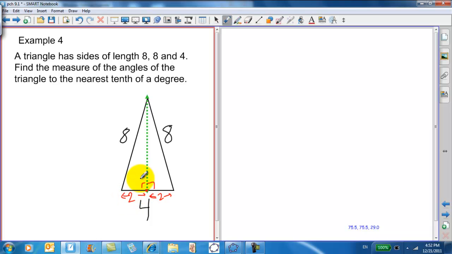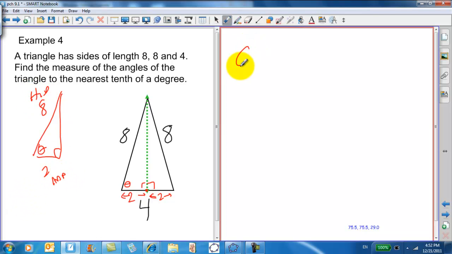And we want the angles of the triangle now to the nearest tenth. So we've got enough sides here, we don't even have to find the height here, because we can use our trigonometry to find this angle here, theta. So let's just make the smaller triangle here with 8 and 2, and here's theta. And we've got the hypotenuse and the adjacent side, so that's cosine.